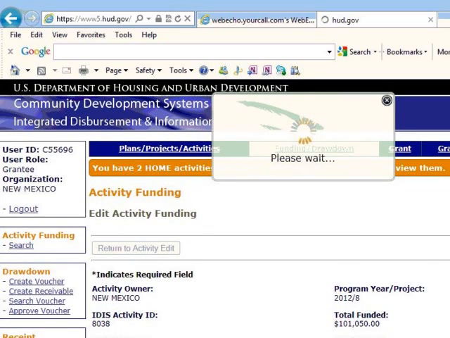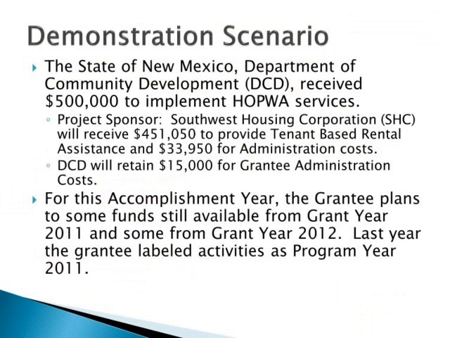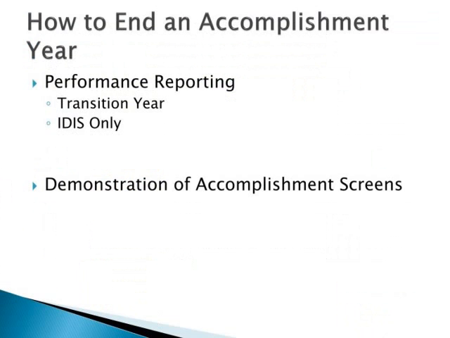As a summary, I have set up 2 projects in IDIS, one for the grantee and one for the project sponsor. For the project sponsor, I set up 3 activities: TBRA, administration, and project sponsor reporting. For the grantee, I set up 2 activities: administration and grantee reporting.